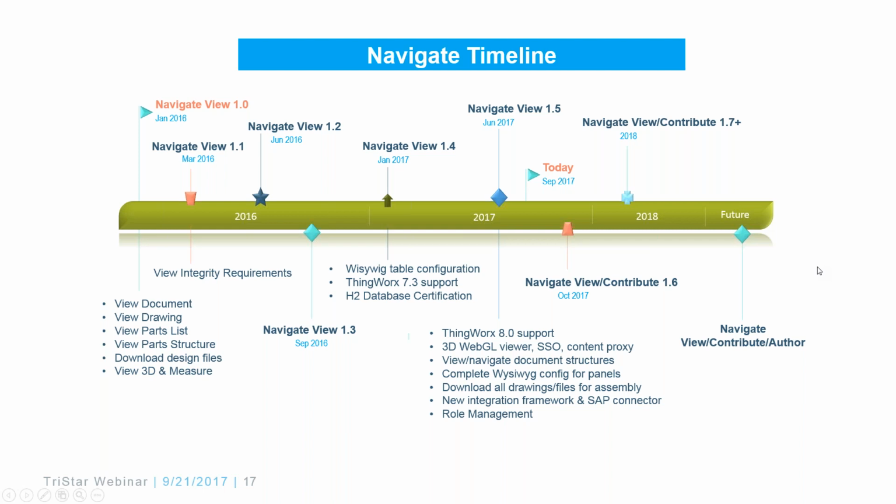I wanted to also end off this presentation showing the evolution of Thingworx Navigate. So we took a look at the Navigate View application, and you can see that we're about a year and a half, a little bit more than a year and a half into this application, and new support is being added in terms of functionality, in terms of supporting operating systems for the viewer.